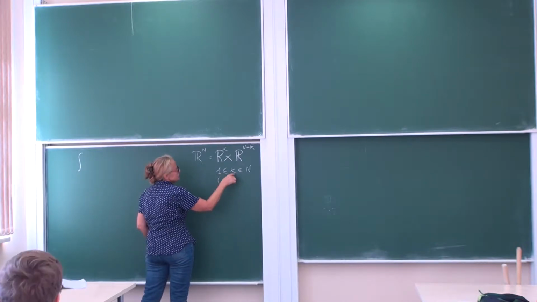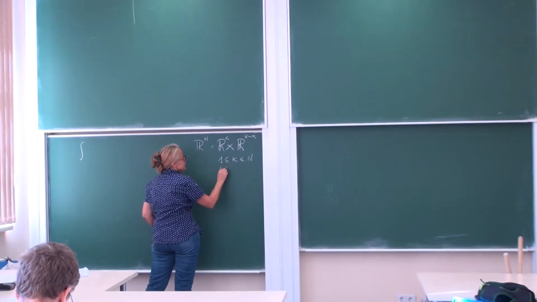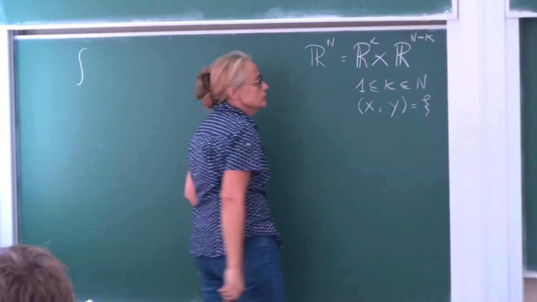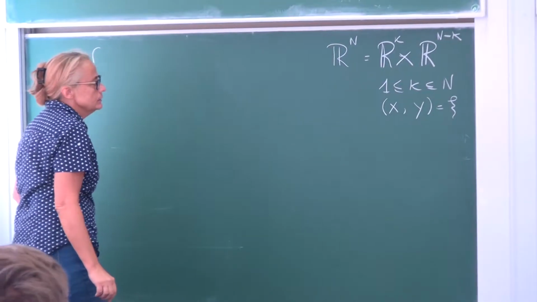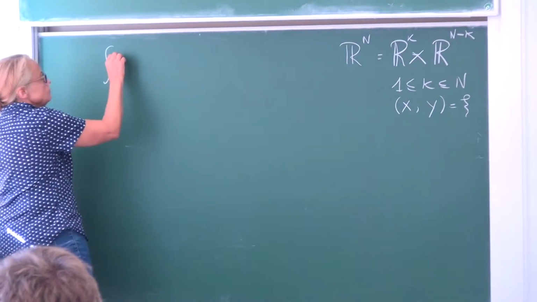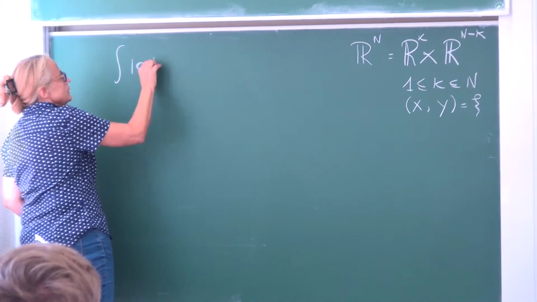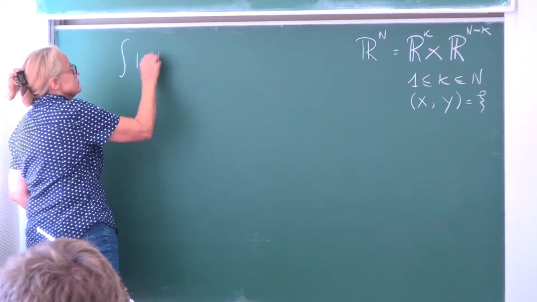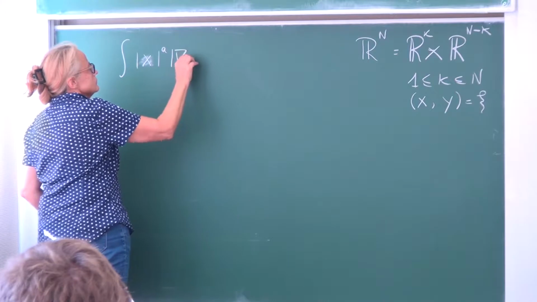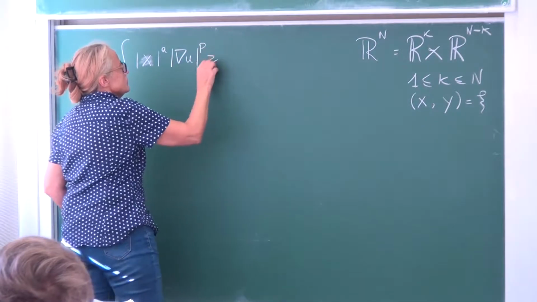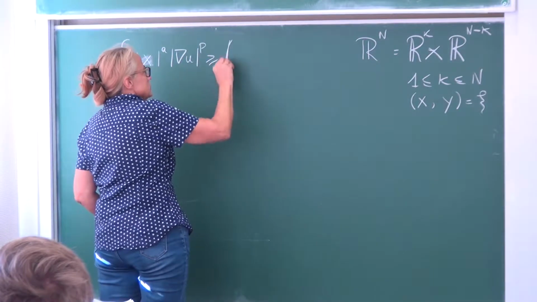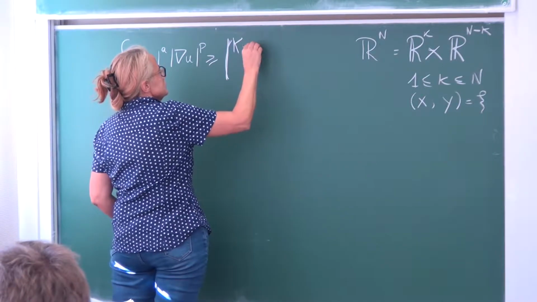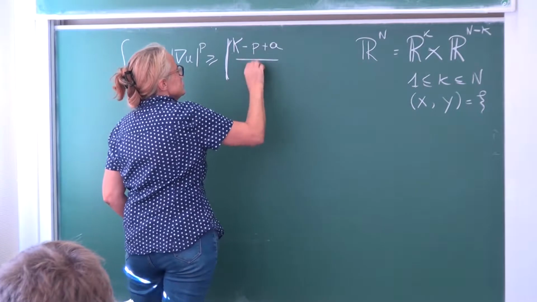Points are denoted, if k is smaller than n, as (x, y). So for spherical weights, x is equal to xi. We proved that for any a, this is better to write in this way, k minus p plus a.